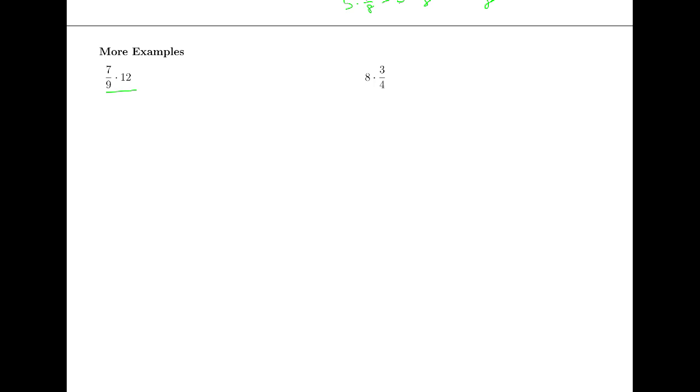And I want to pause to think about approximately how big this is. So 7/9 of 12, that's less than 12, so it should be less than 12. It's more than 1/2 of 12, so it should be more than 6.